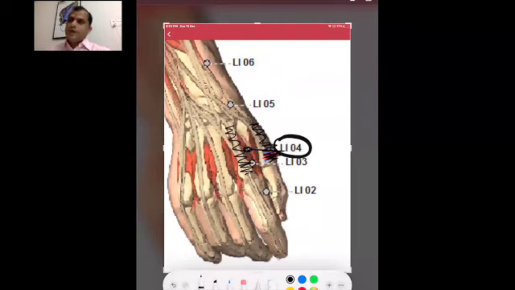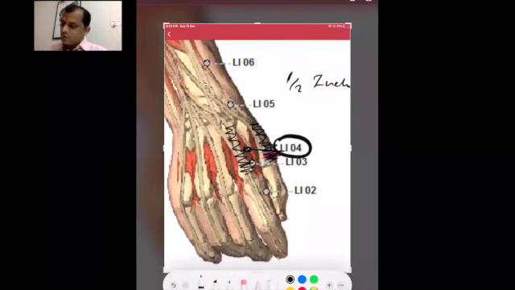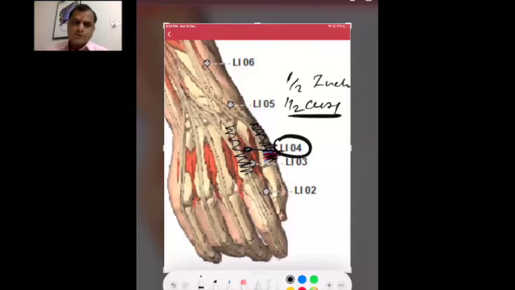So we have to needle Li4, and we can needle half inch or half chun. If you don't want to put the needle, then you can do sedation with the help of magnets, or you can do acupressure.